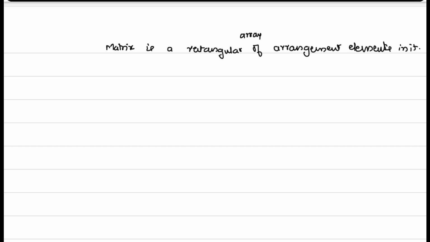Matrix is a rectangular array of arrangement of elements in it. Please try to understand the concept instead of concentrating on the definitions as per book.